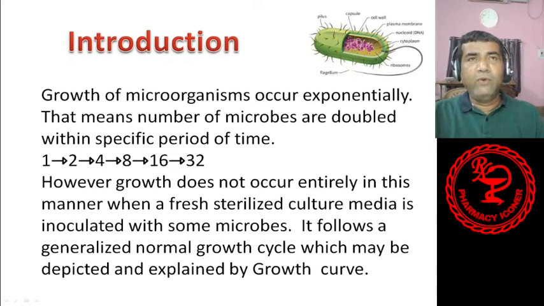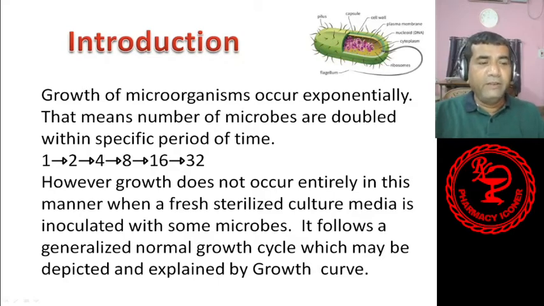That is, 1 will become 2 within t period, 2 will become 4 within t period, and 4 and 8 will become 16 in t period. That is, the time period required is the same for each case of doubling. However, growth does not occur entirely in this manner.